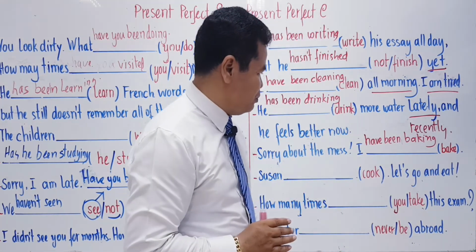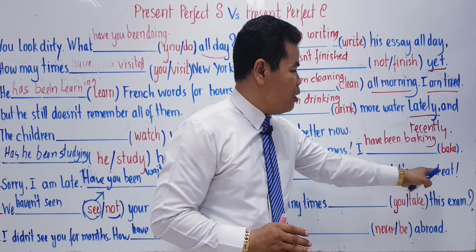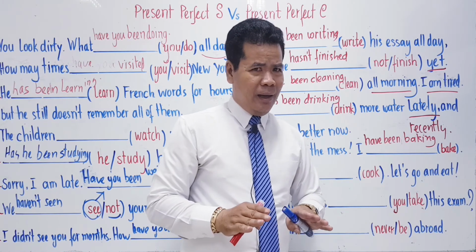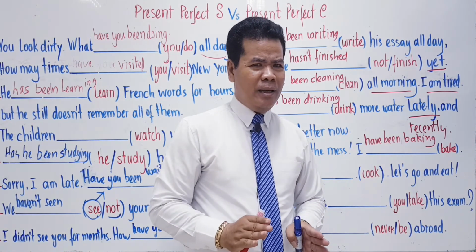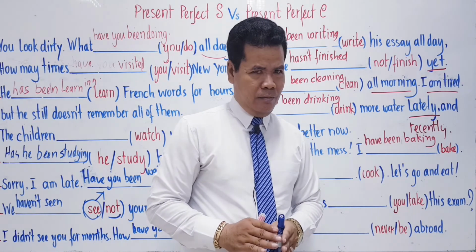For example, Susan cooked. Let's go and eat. So everything has been cooked. Finished cooking already. You just go to the table and eat it.